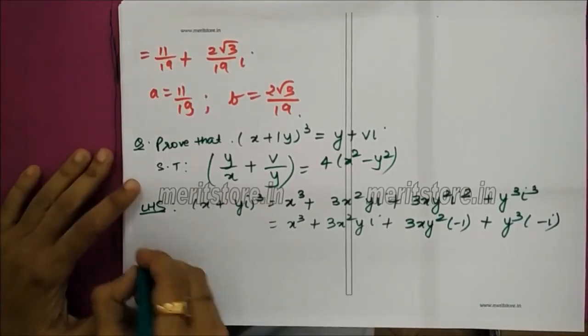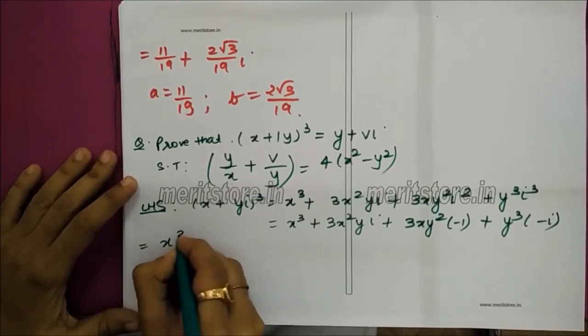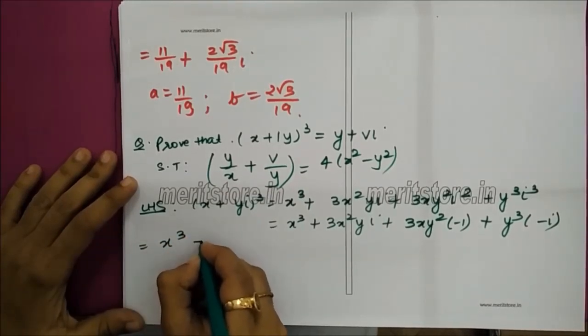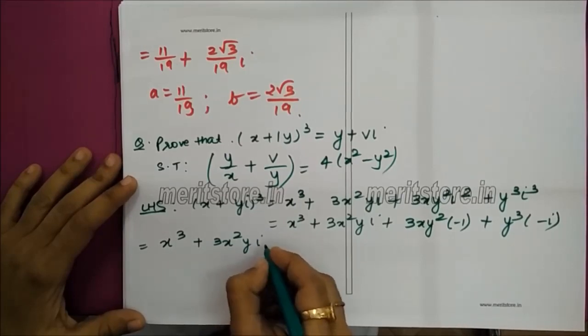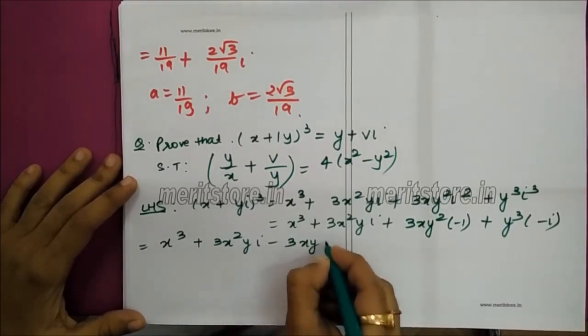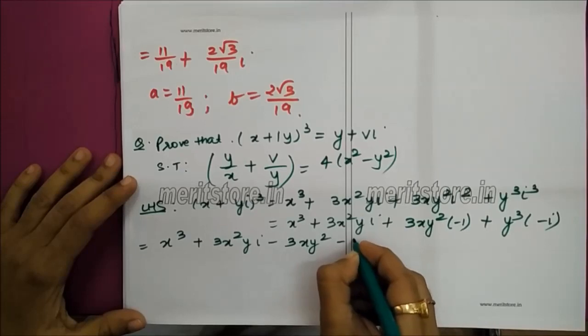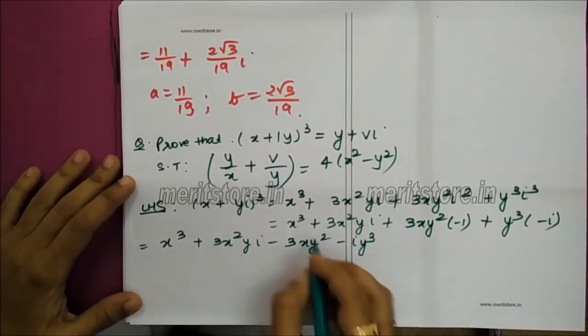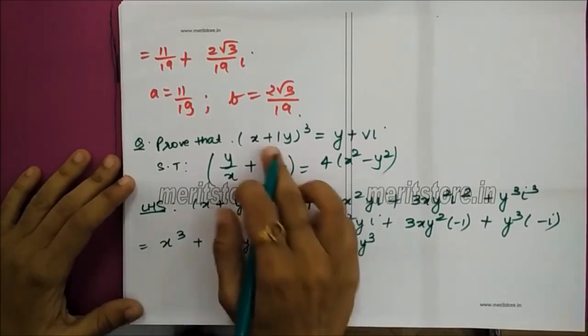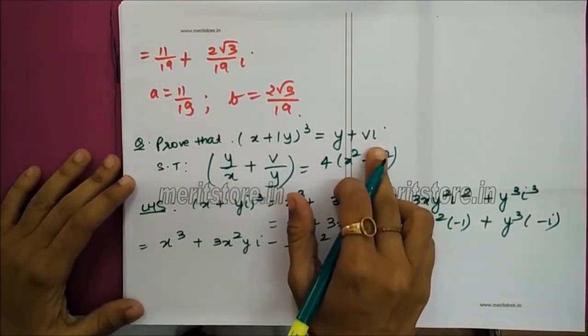We have discussed the values. So, x³ + 3x²y i − 3xy² − y³i. Here we have been given this is equal to this. We have to prove that.